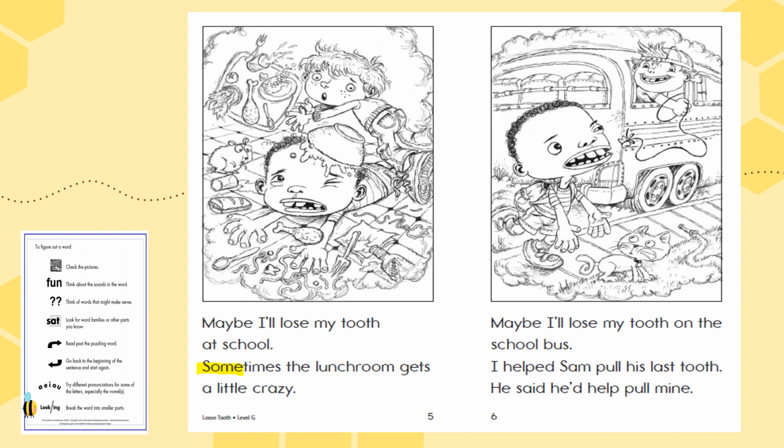Sometimes the lunchroom gets a little. That doesn't sound right. I'm going to try the other sounds that those vowels can make.